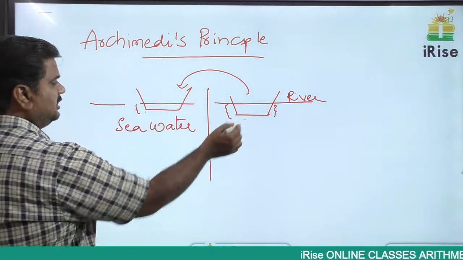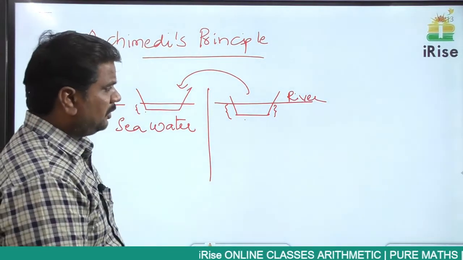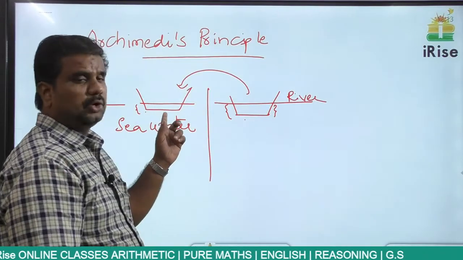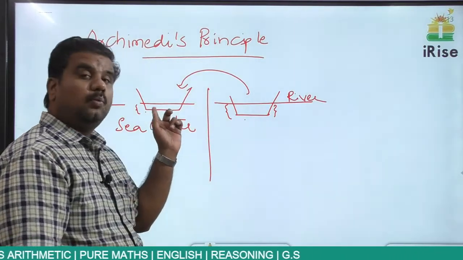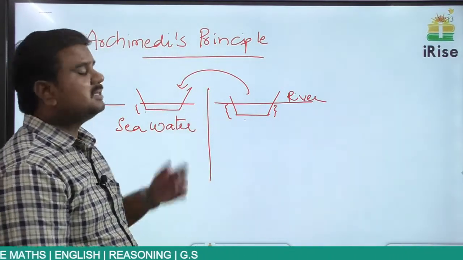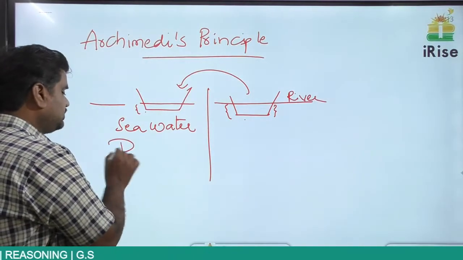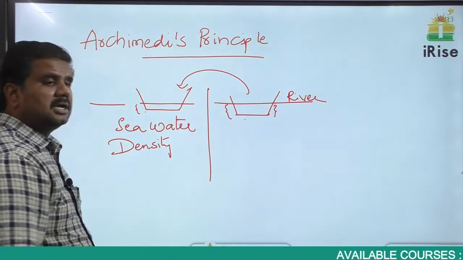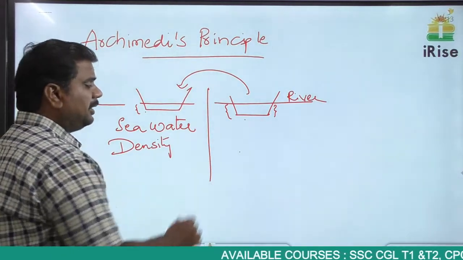Here you can see very clearly that in the case of river water, the boat is submerged to a much larger extent, whereas in sea water the boat is submerged to a much lesser extent. The reason is that the density of sea water is high when compared to river water.